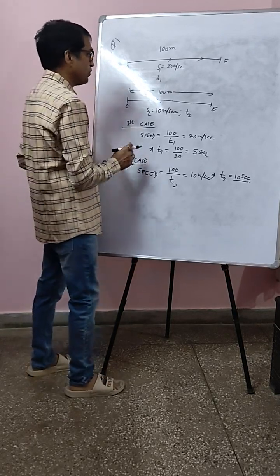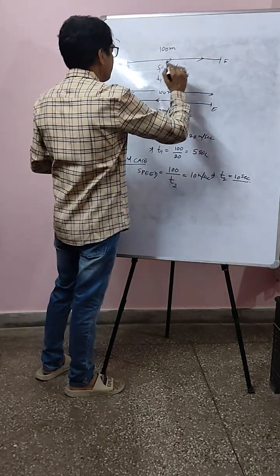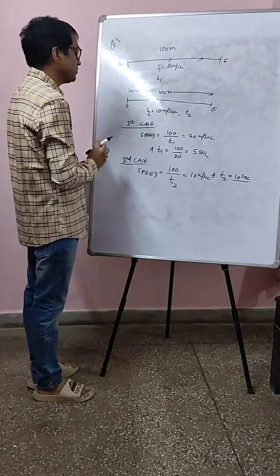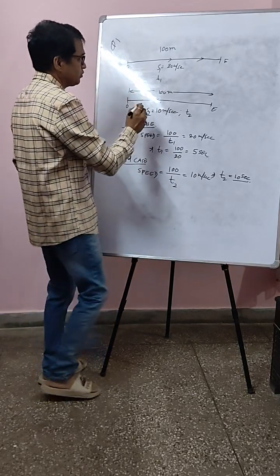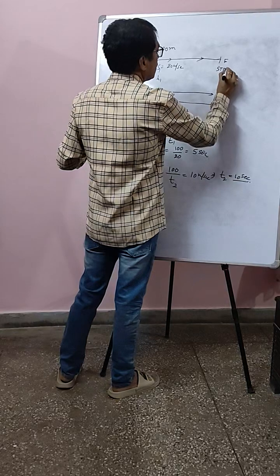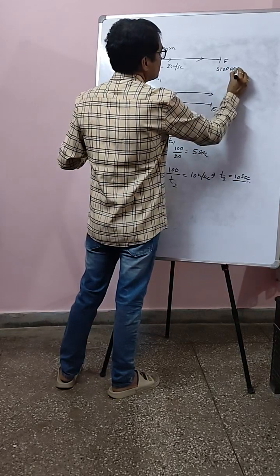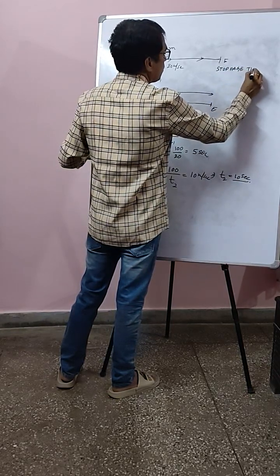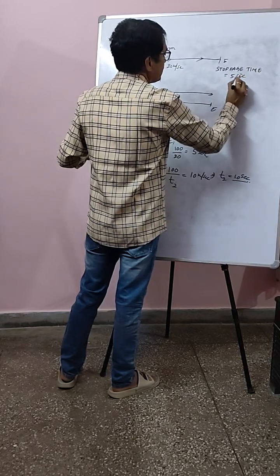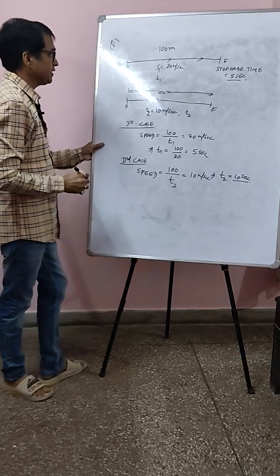Moreover, he stops there for 5 seconds. So when we find the average velocity and average speed, we'll take into account the stoppage time, which equals 5 seconds.